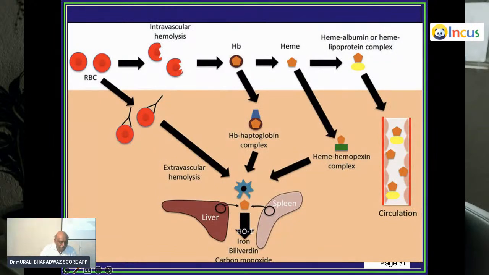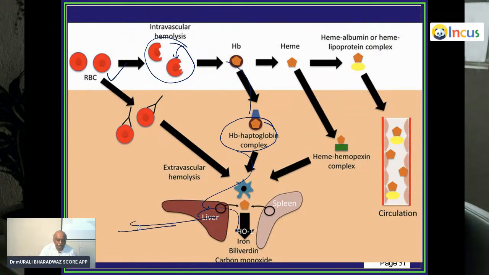So, doctor, this is the RBC which is broken down intravascularly, leading to schistocytes, and the hemoglobin is released and binds with haptoglobin, going to the liver, and from the liver it enters the gut and converts into urobilinogen. That is one method. Also, when RBCs are broken, the iron released is consumed by the spleen and liver.